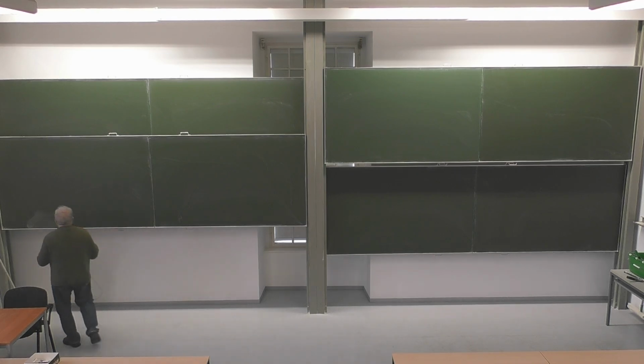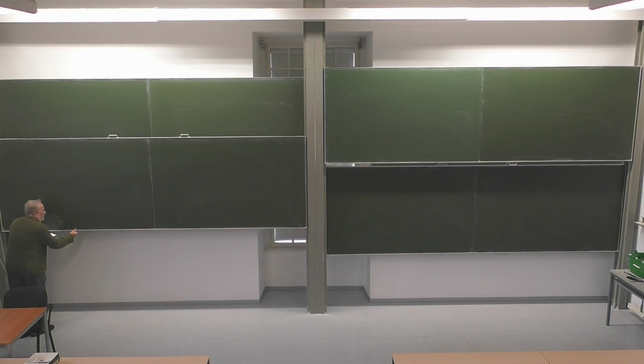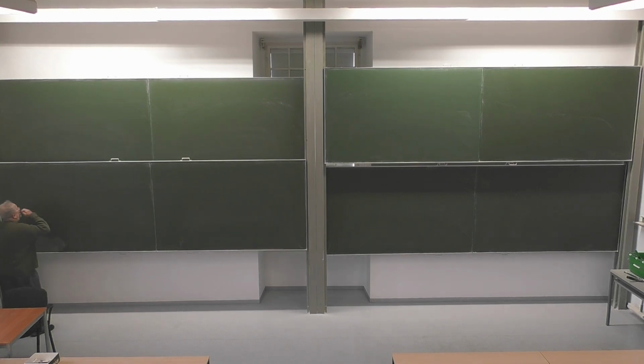So let me start with, I'm going to always be working over the algebraic closure of the rationals with x adjoined, and my derivative is d/dx. And I'm going to start with a differential equation.